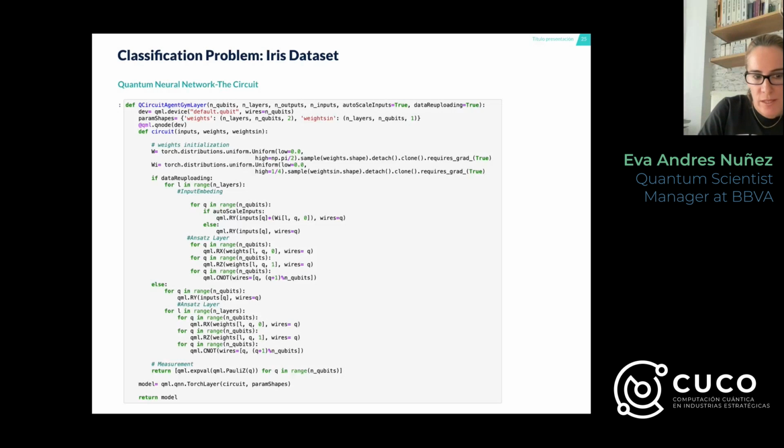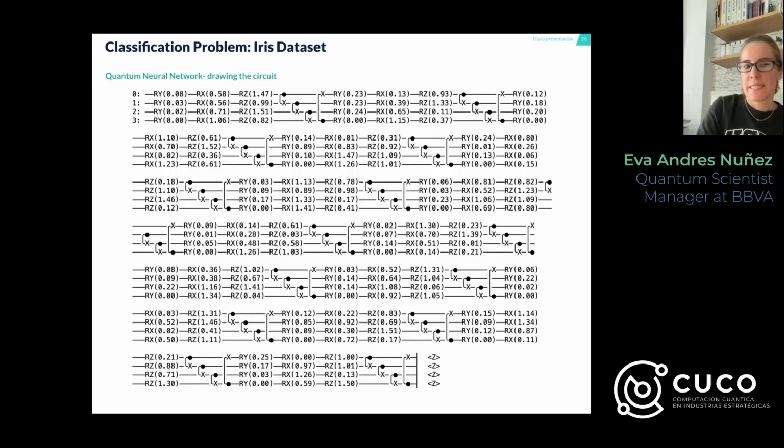This is exactly the same as the previous use case without data reloading and data rescaling. The torch layer includes and embeds this circuit. And this is the topology of the circuit. As you can see, we also repeat the rotation in each layer several times, up to 50 times. And finally, we get the observables.